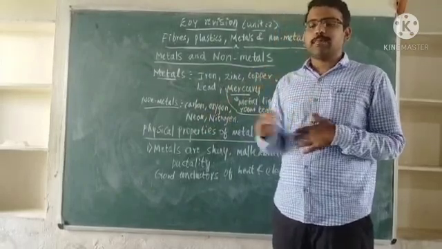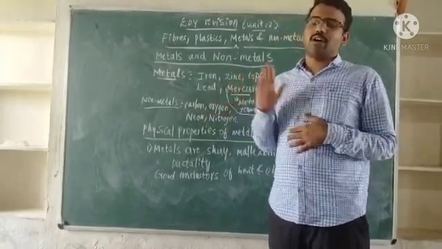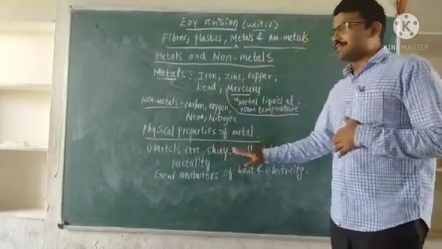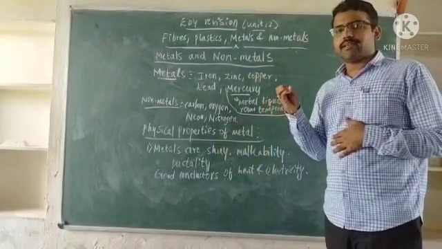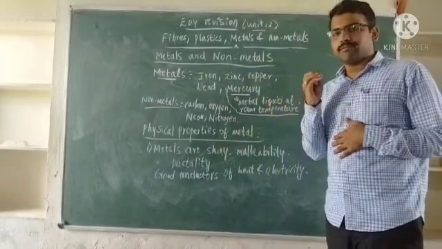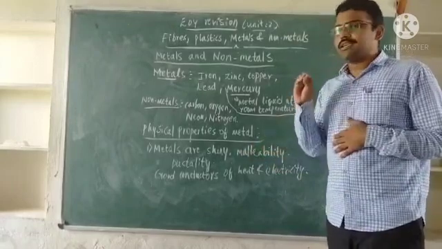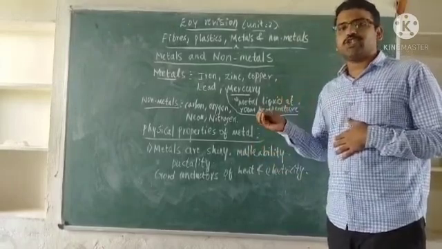Now let us learn about the physical properties of metals. Metals are shiny, meaning metals always have a shining surface. Malleability means metals can be beaten into many shapes.